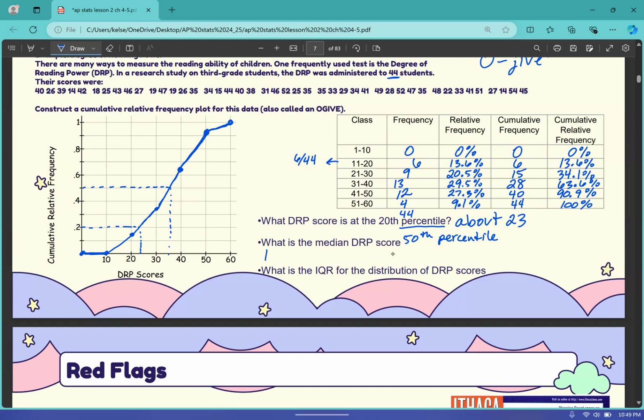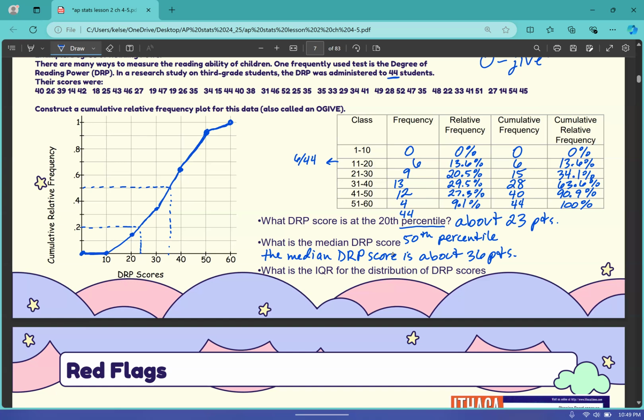So we can say the median DRP score is about 36 points. Yeah, I guess they're measuring in points. So the median is the 50th percentile.